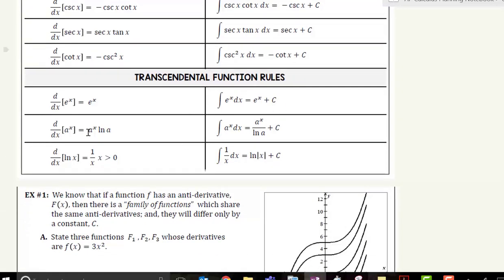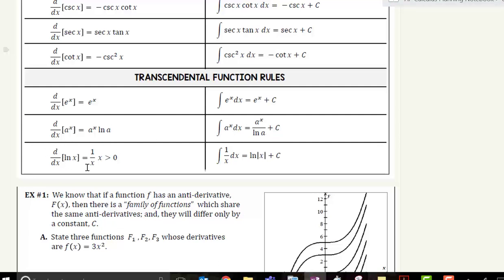We also have some special rules for special functions. E to the x, remember, always fickle, doesn't really change. We still have that plus c. If we have an a to the power of x, you know that derivative is a to the power x with a natural log. So in that integral, that natural log goes to the denominator.